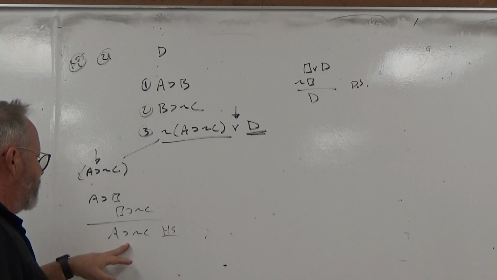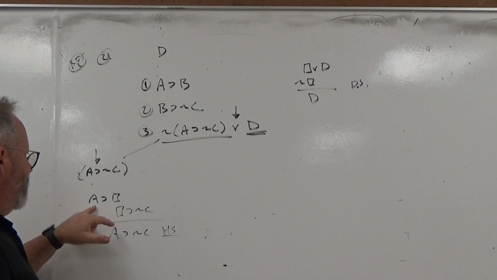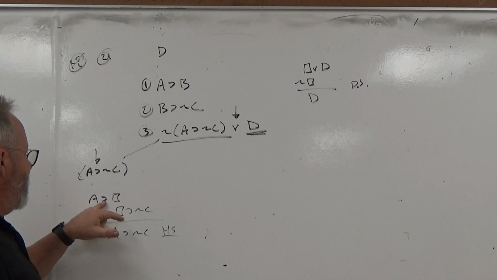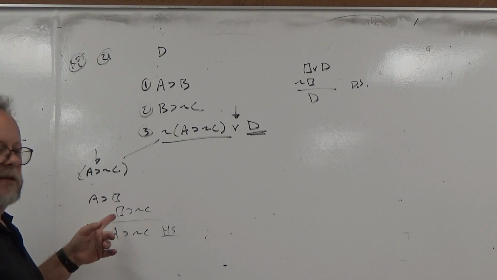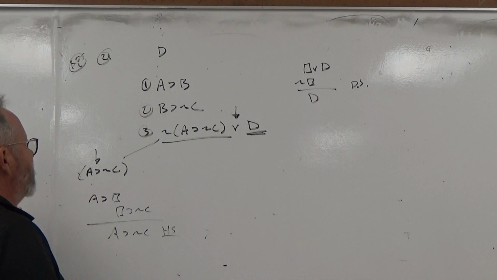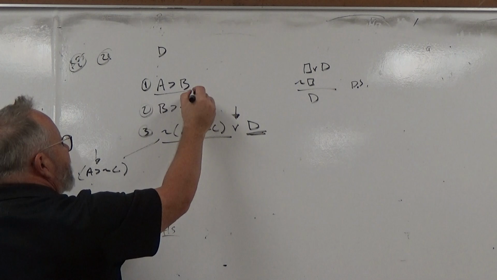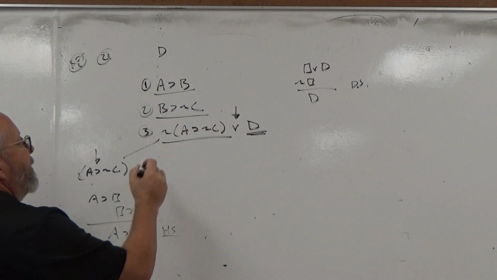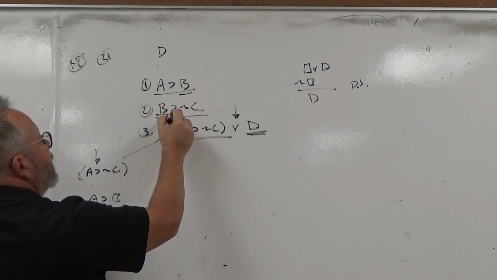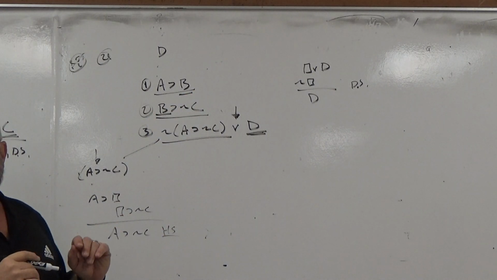I can make the conditional I need by hypothetical syllogism if, in this case, I found an A then blank, and a blank then not C, and the blanks matched. Let me go see if I have those parts. A then blank. Oh, there's an A then blank. And the blank then not C. Yes. Do the blanks match? B, B. They do.